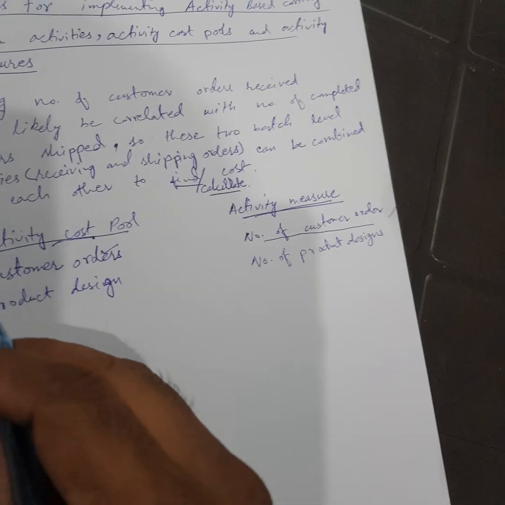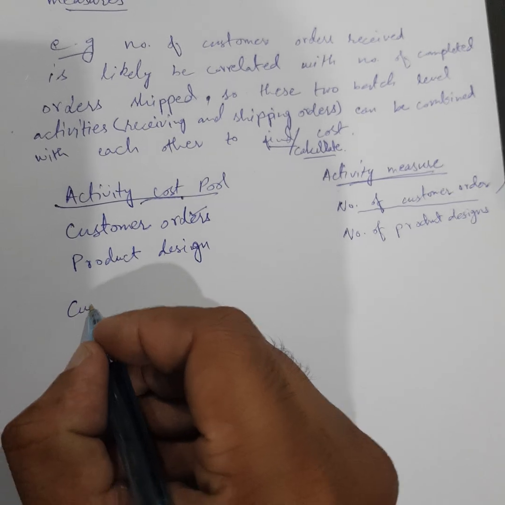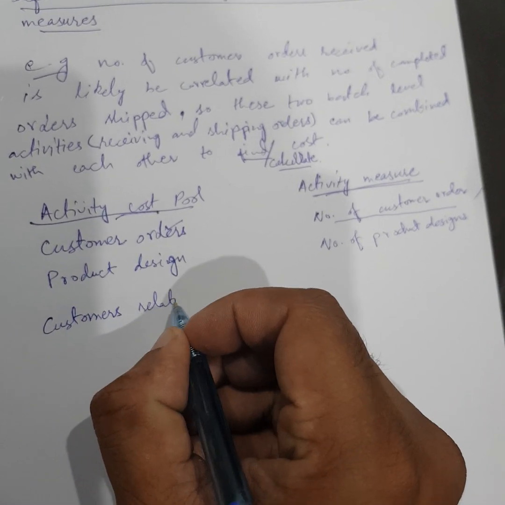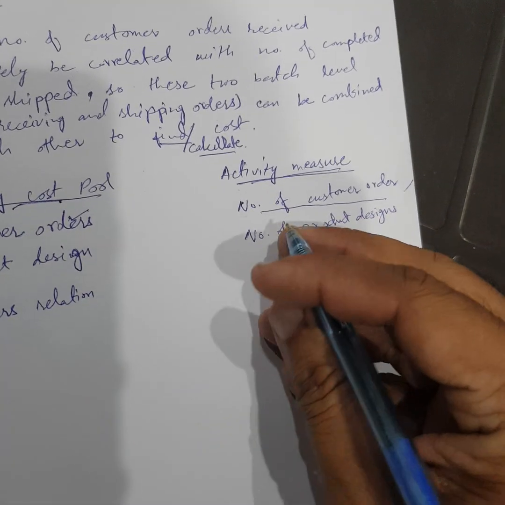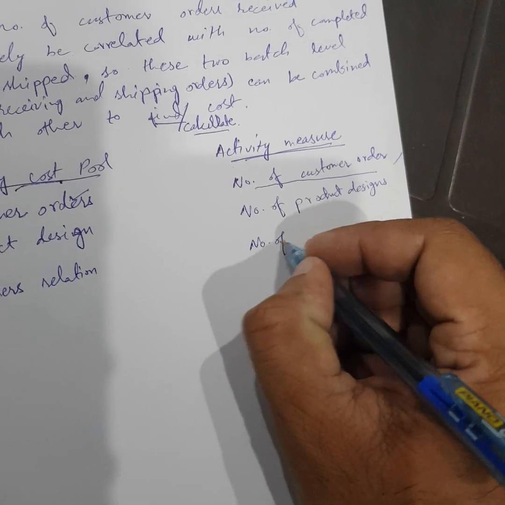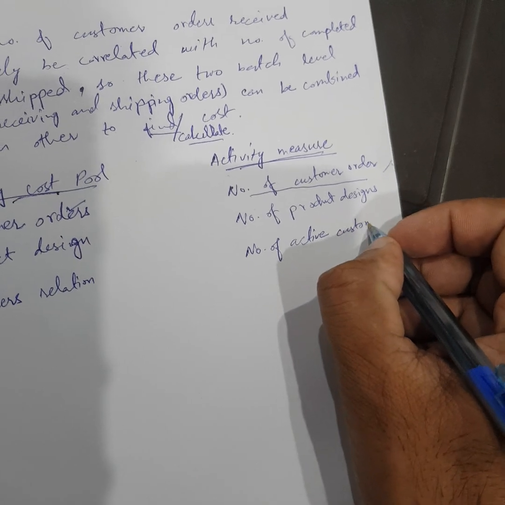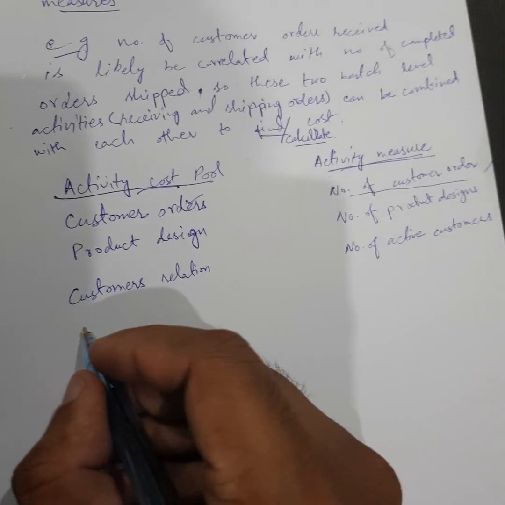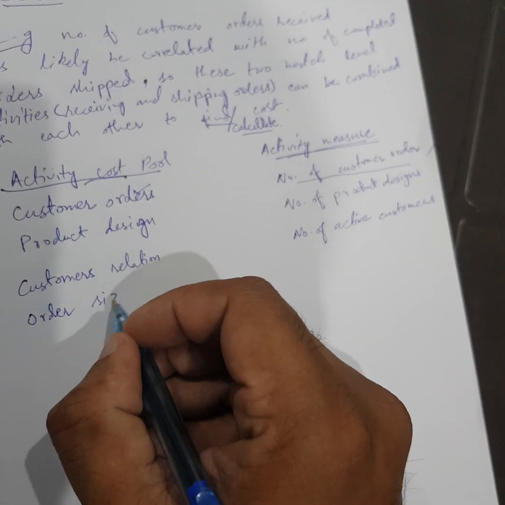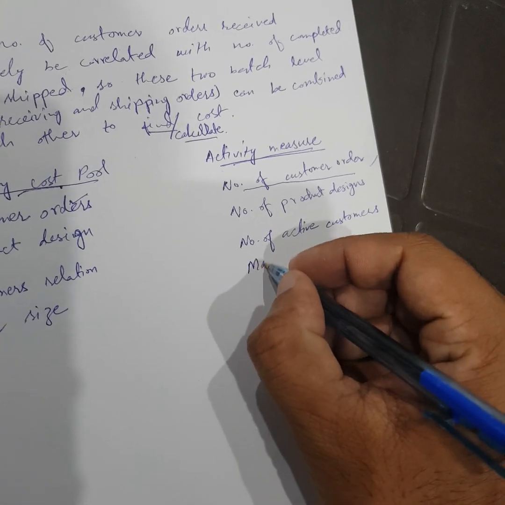If we have the activity customer relations, we need the number of active customers to measure the activity. In the same way, for order size, to calculate the cost of an order, we have to measure machine hours.